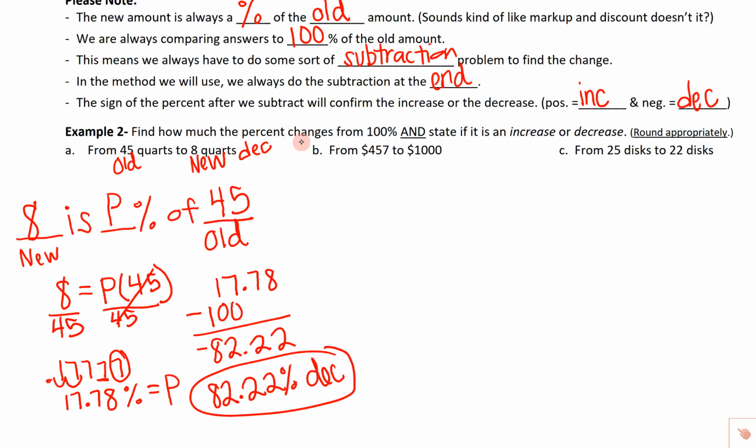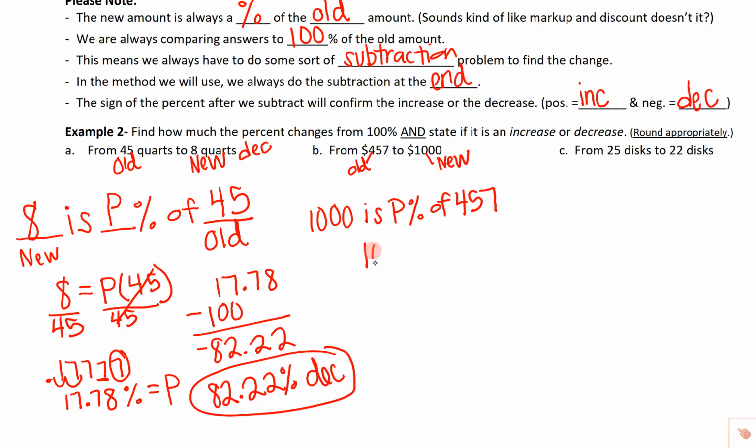Okay, let's look at the next one. From $457 to $1,000. So here's the old price and then it went up to $1,000. That's our new. So to set it up, we start with the new. 1,000 is P% of our original $457.